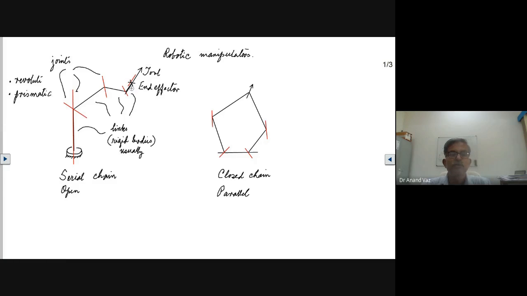So the first question is, we should understand its position, how to specify its position. That is why we have to make use of the representation of position, and that is why we began with the position vector.